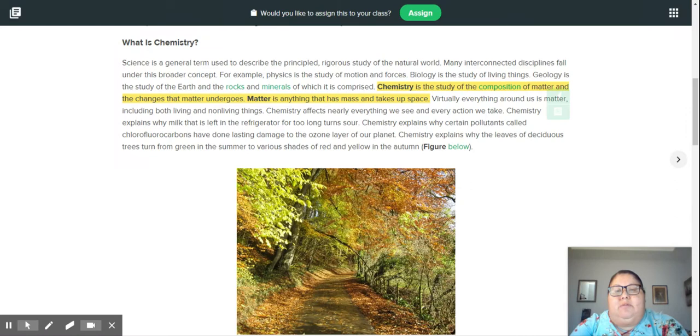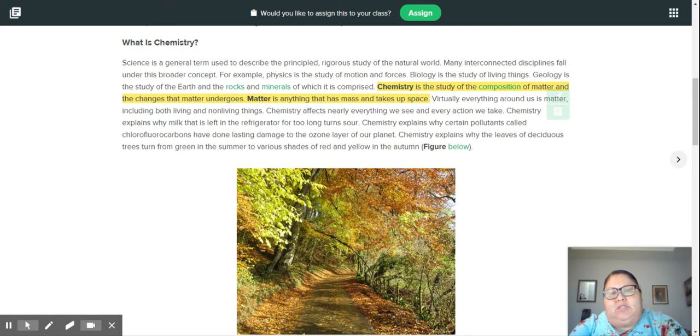Chemistry explains why milk that is left in the refrigerator too long turns sour. Chemistry explains why certain pollutants called chlorofluorocarbons have done lasting damage to the ozone layer of our planet. Chemistry explains why, okay, so let's stop there. We know that chemistry is happening to the milk, especially when it turns sour.